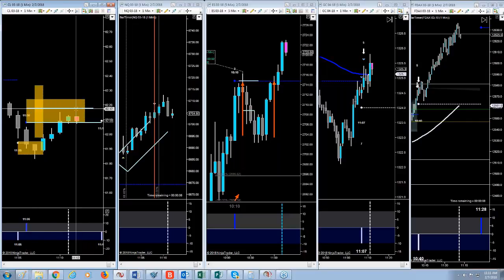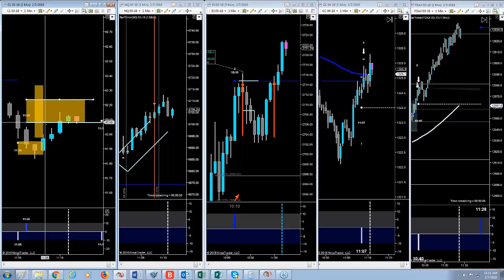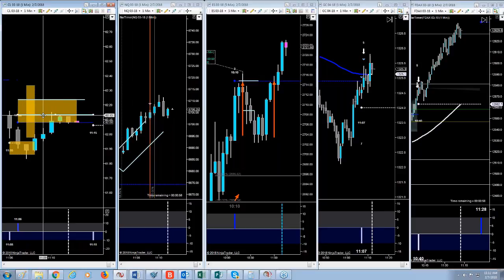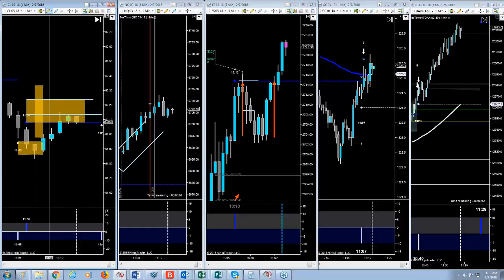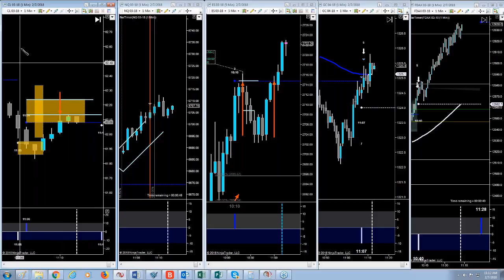Or my stop rather would be at 23. My max risk would be 10. So the earliest I could enter would be 13. So Bob, using that pattern 4 pullback, you're short right here with a 20 tick target.